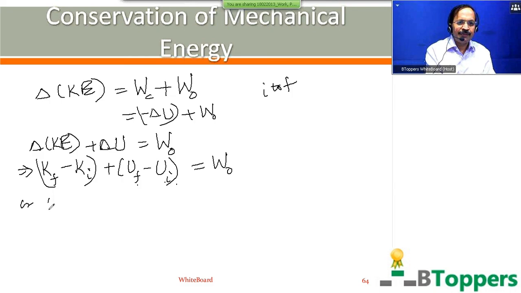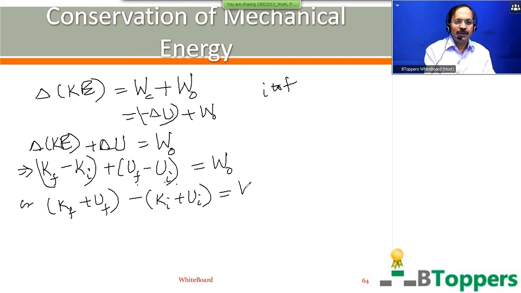So collecting the terms, in the final state KF plus UF minus KI plus UI equal to W naught. KI is the initial kinetic energy of the body or system. UI is the initial potential energy of the body or system in the given example.